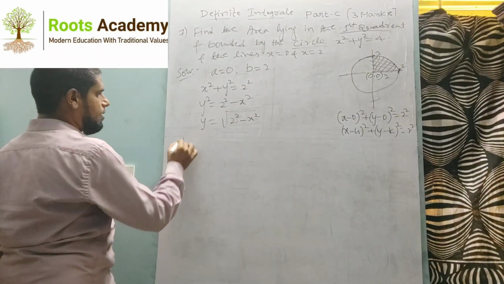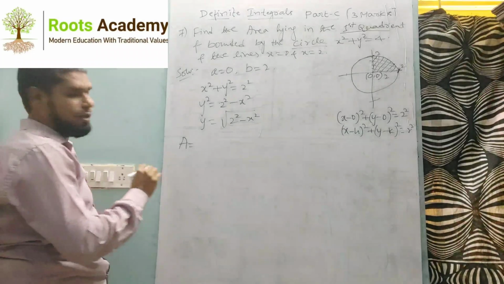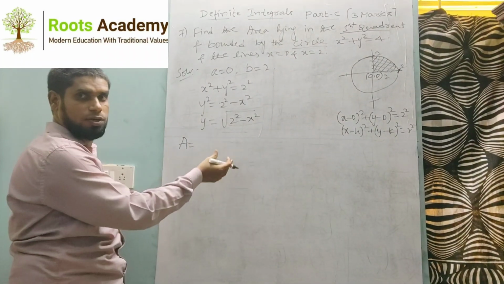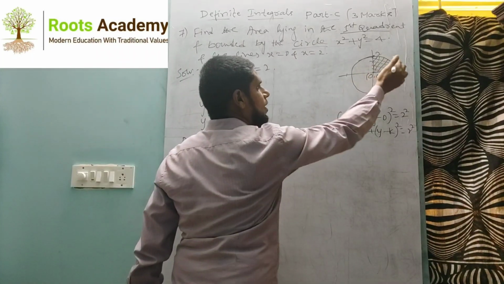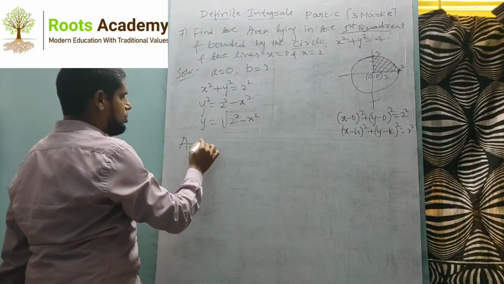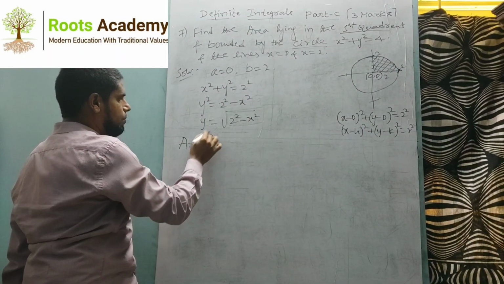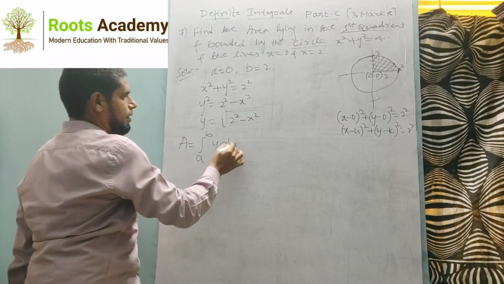Let us see what the area is. Here no need to multiply by 4 or 2 because we need this much small area. I am finding the direct integral a to b of y dx.